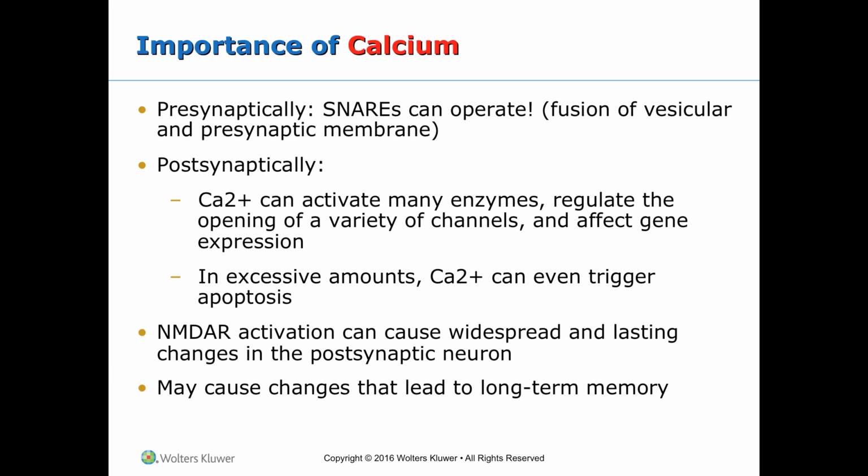There's a double-edged sword with calcium: in excessive amounts, calcium can trigger apoptosis, which is cell death. NMDA receptor activation can cause widespread and lasting changes in the postsynaptic neuron, and a lot of these changes can lead to long-term memory as well as implications in learning and memory, which you'll definitely discuss a lot more in detail in 376.